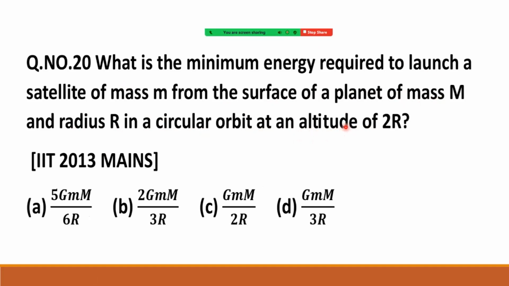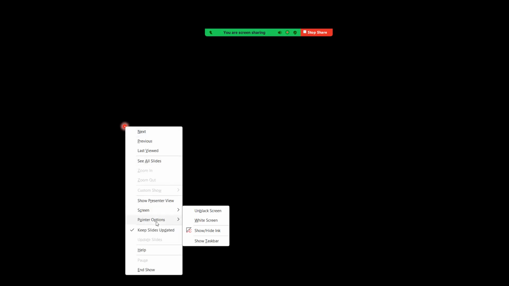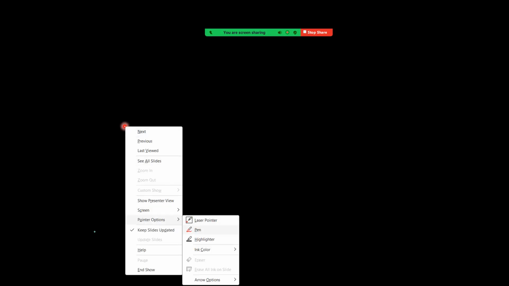Altitude means height. So he's asking the minimum energy required to launch a satellite from the surface of the planet. Then see what we can do here.